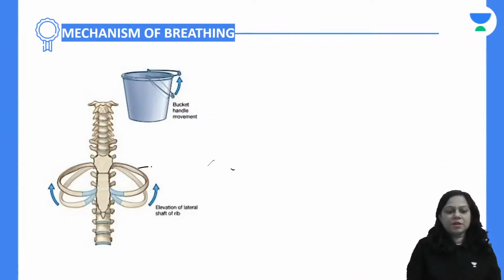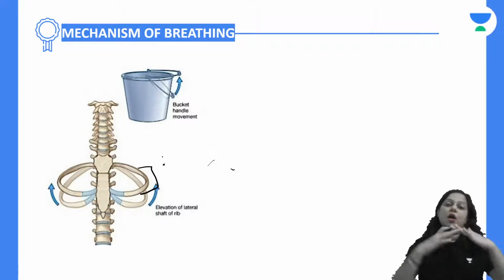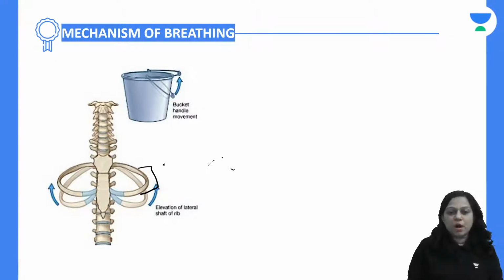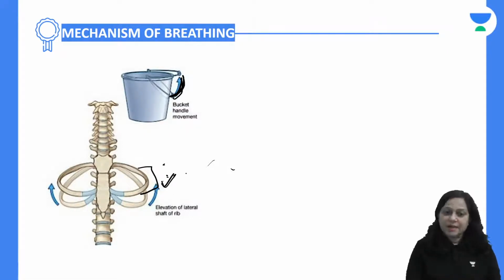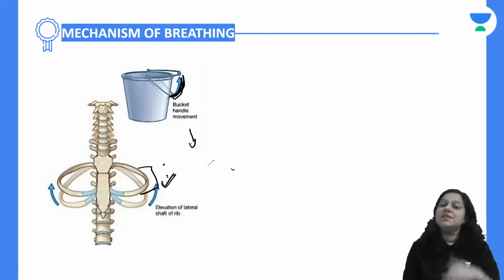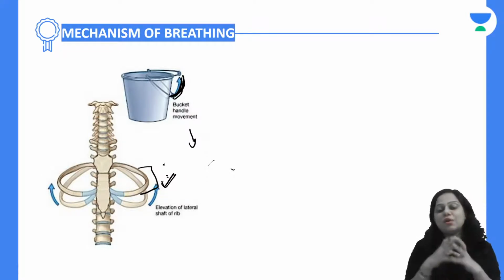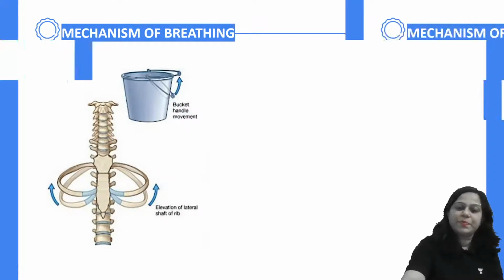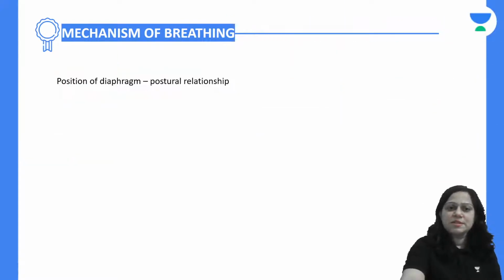When the lower ribs move, they will move upward and outward, like moving the handle of a bucket. So this is called the bucket handle movement. By bucket handle movement, it is causing increase in the transverse diameter. By pump handle movement, it causes increase in the antero-posterior diameter. So this is important.